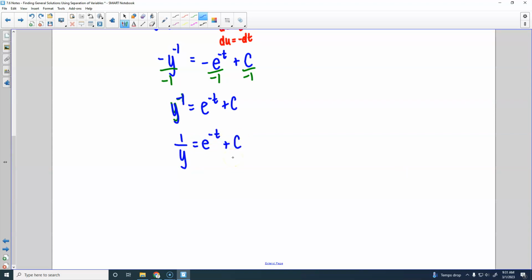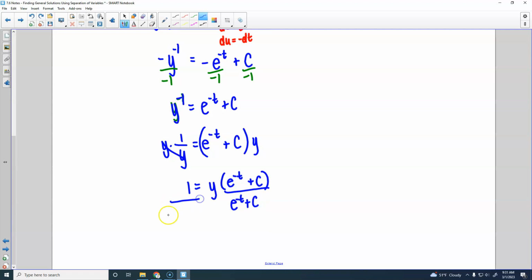If they wanted this solved for y, and they may not, it just depends on the answer choices or if the problem tells you to, I could multiply both sides by y. So I get 1 equals y times e to the -t plus c, and divide by e to the -t plus c.